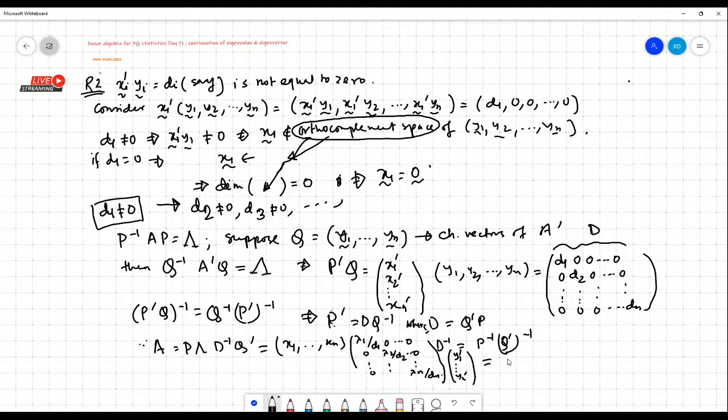So this is equal to the sum over i from 1 to n of lambda i by di times xi curl yi curl prime. So this equals the sum from i equals 1 to n of lambda i Pi curl prime. Okay.